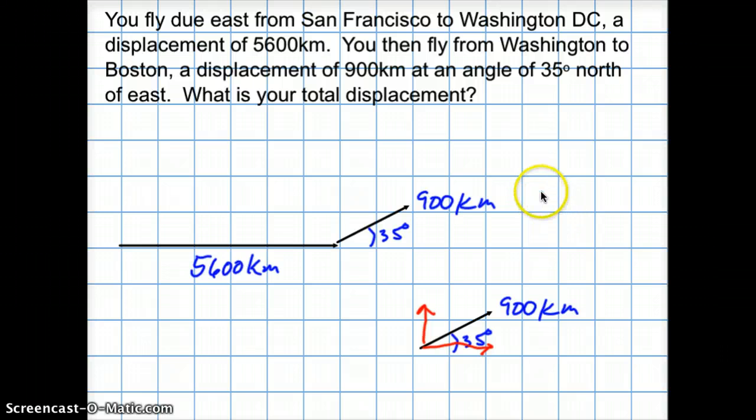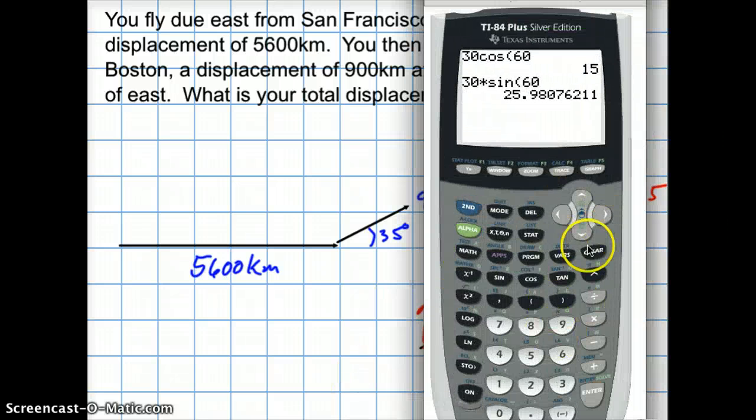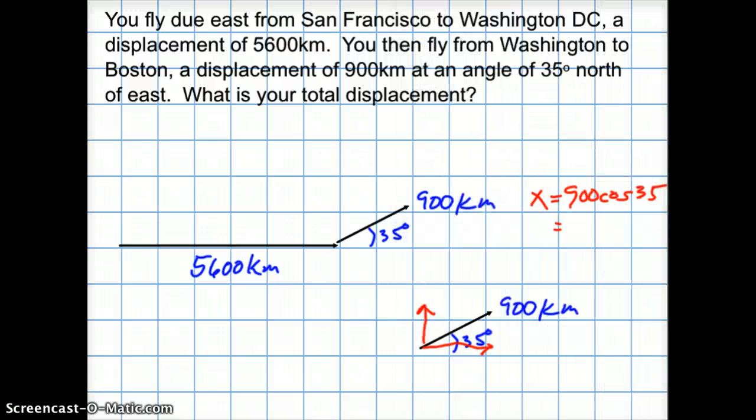So to find my x, it's 900 times the cosine of 35, and that is equal to 737.24 kilometers, and that's this right here.